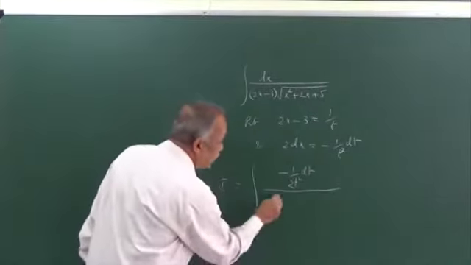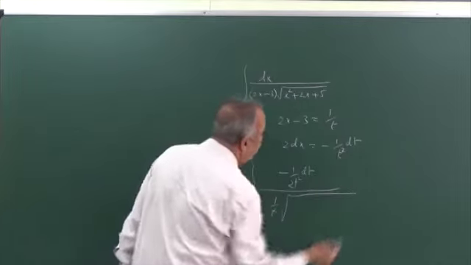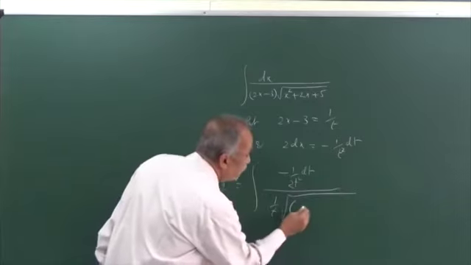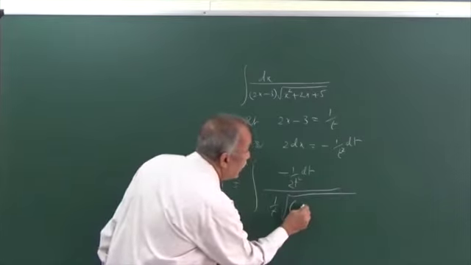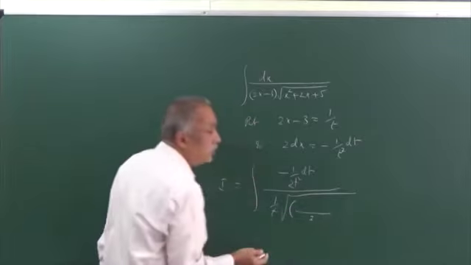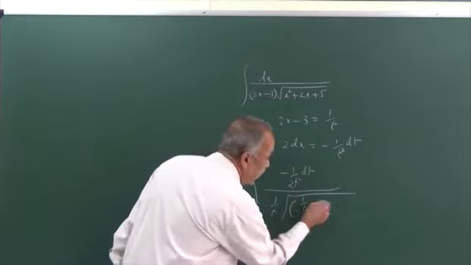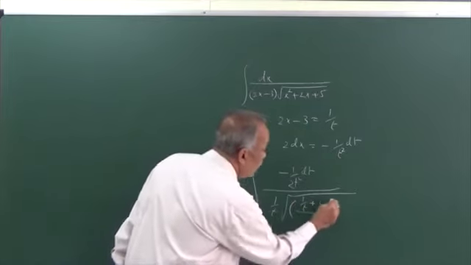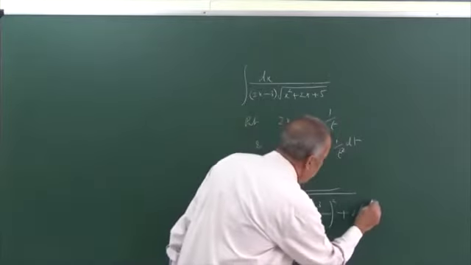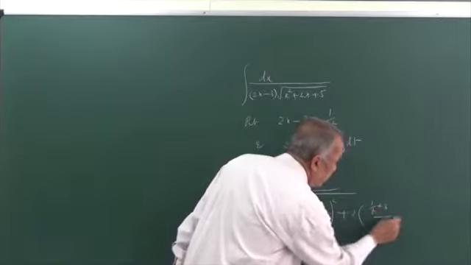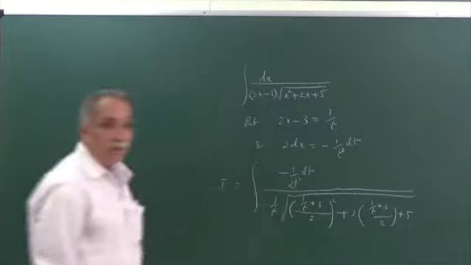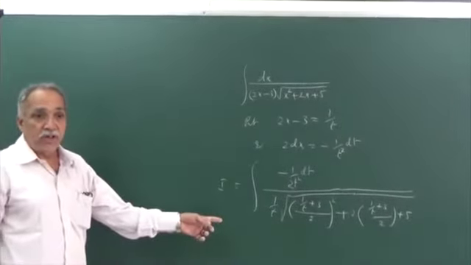Divided by 2x minus 3 is 1 by t, root of x square, 1 by how much? 1 by 2 of 1 by t plus 3, plus 2 into x, is half of 1 by t plus 3, plus 5. I think I have not gone wrong anywhere.